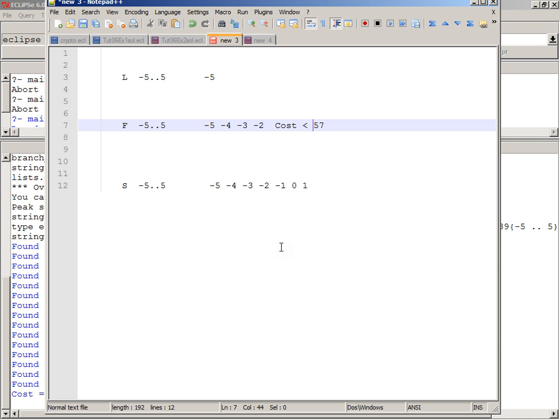I already have a solution that is 57. Any solution that is cost higher than 57 is not interesting because I'm trying to minimize. So I'm not interested in any solutions like this, right? So I inject this constraint. The branch and bound method injects this constraint into the remainder of the search process. Now, whenever we have this extra information, what happens?